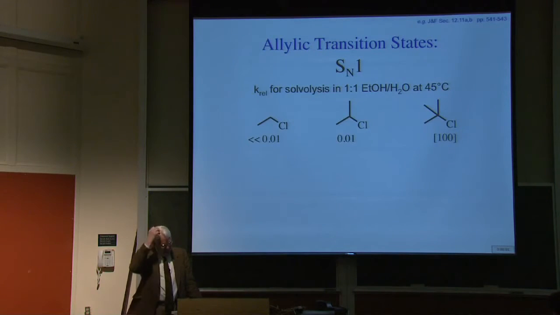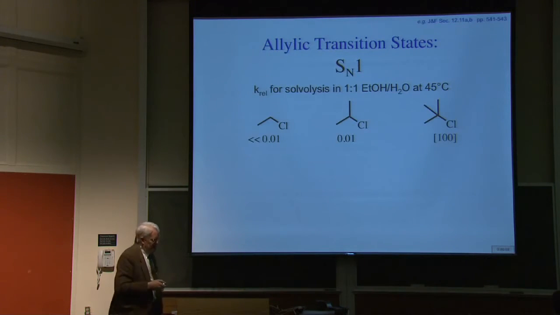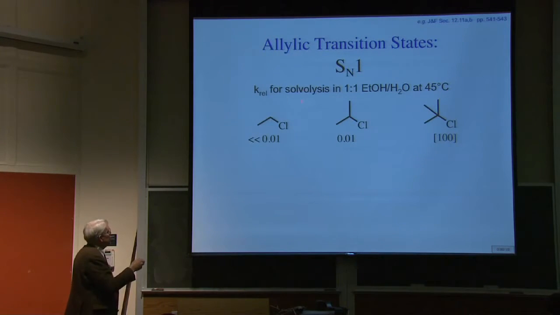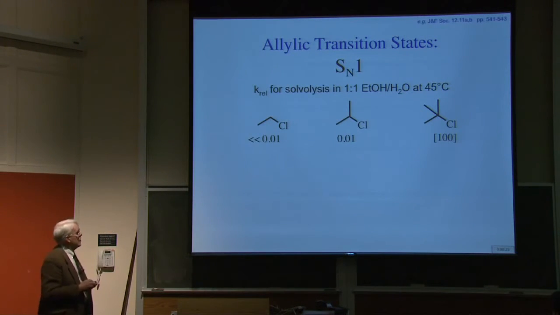Okay, now, allylic transition states also are unusually stable, and we actually mentioned this before. If you look at an SN1 reaction, so you're breaking away to get a cation, the relative rates are as follows. If you take 100 for T-butyl, which is very easy to form the T-butyl cation, the secondary is 10 to the fourth times slower, and the primary just doesn't happen. It's way slower than that.